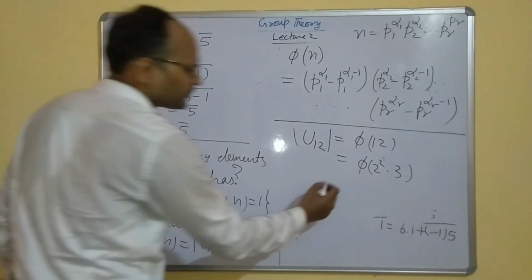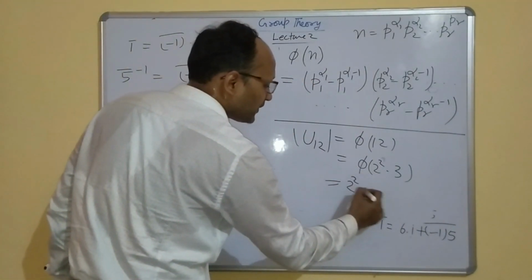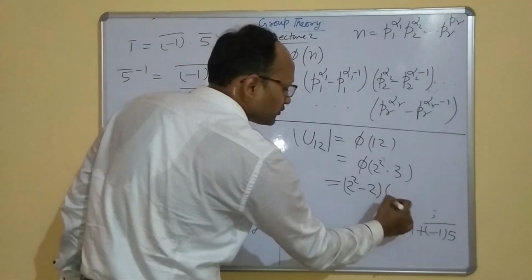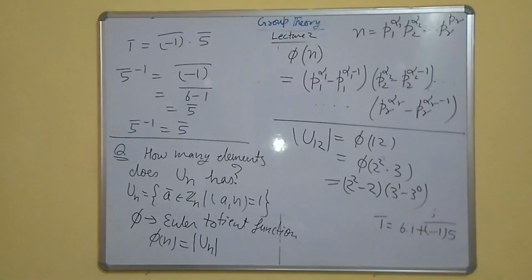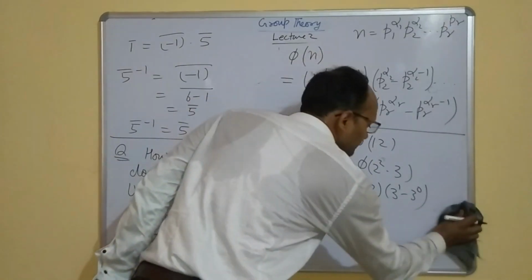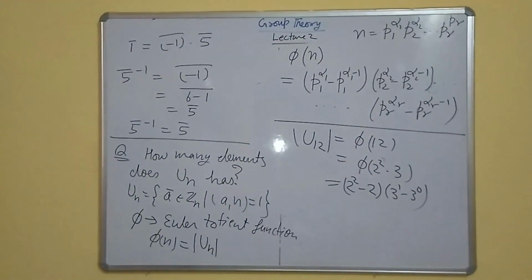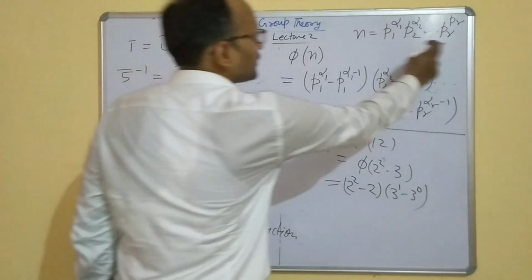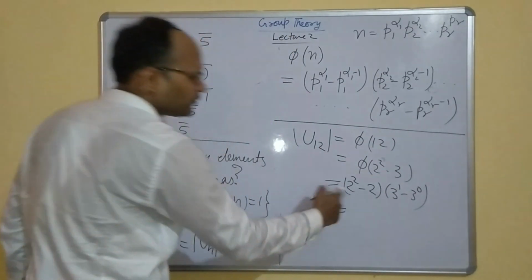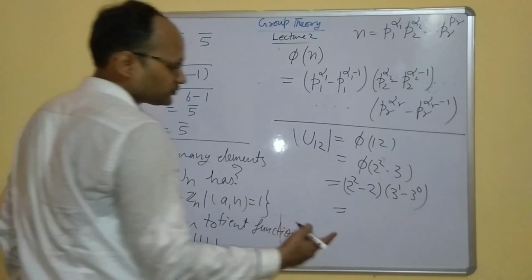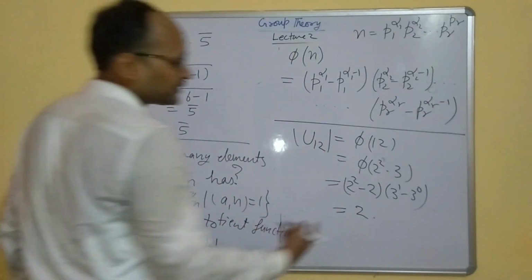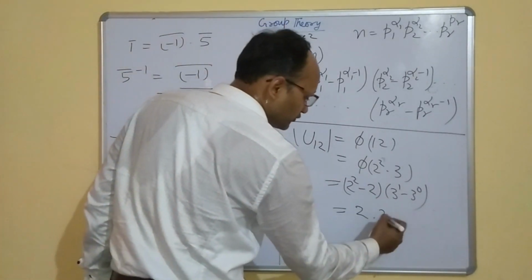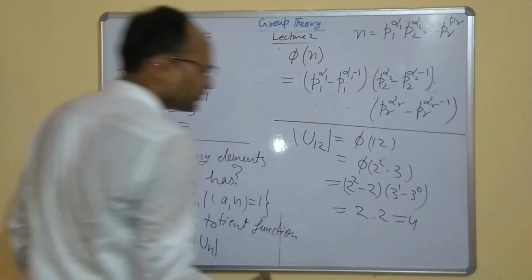By this formula, this is 2 square minus 2, into 3 to the power 1 minus 3 to the power 0, so one less power. So this is 4 minus 2, so 2, and this is 3 minus 1, so 2. So there will be 4 numbers.